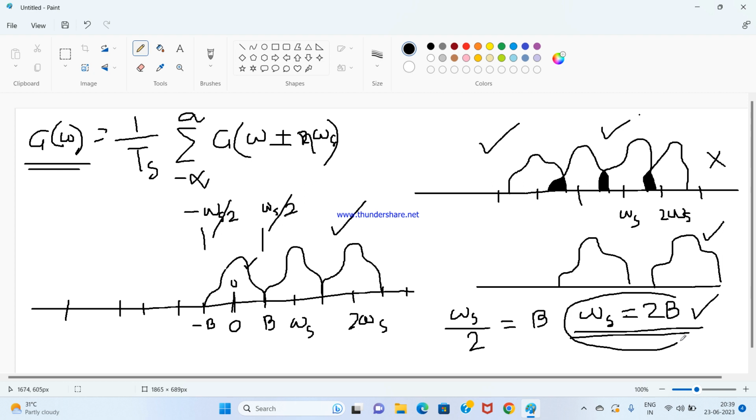So for successful reconstruction, the minimum requirement is that the sampling rate should be at least 2B or higher. So my omega s should be greater than or equal to 2B, or my sampling interval Ts should be lesser than at least 1 by 2B.